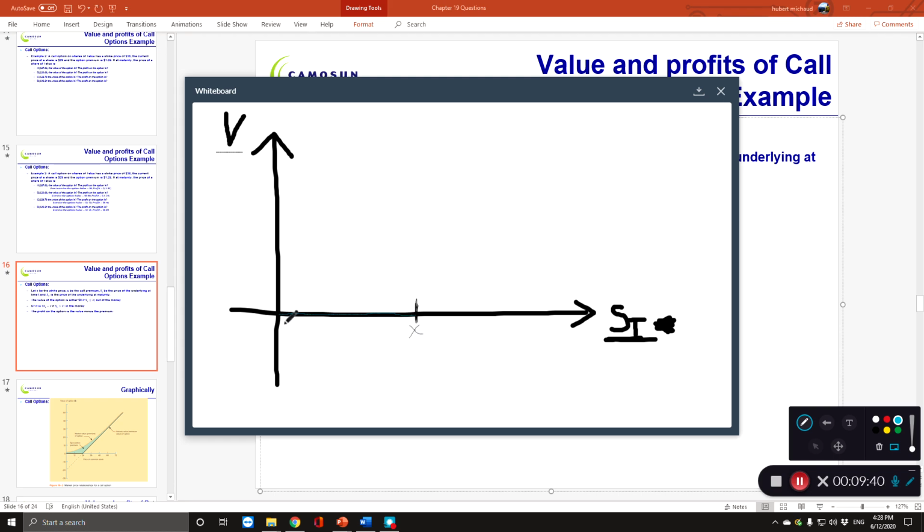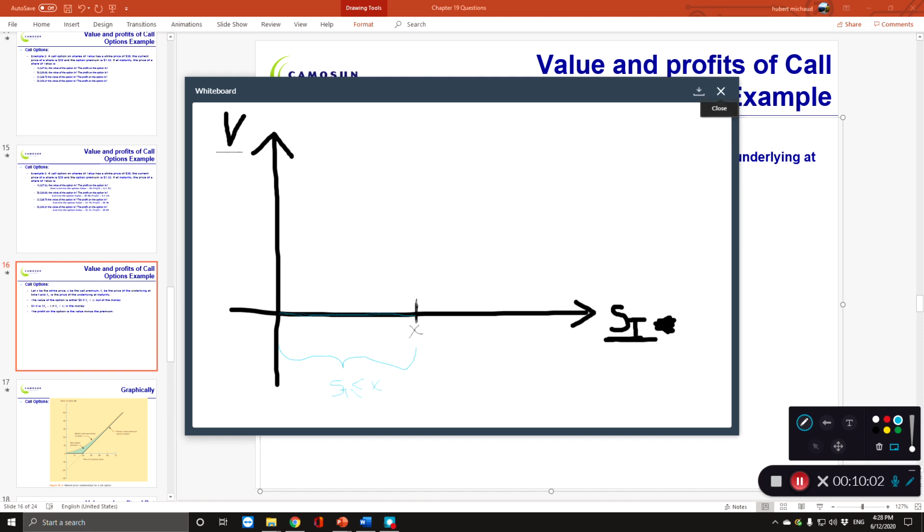So all of these ST here, all of these values of ST would be smaller or equal to X. So the value of the option is 0. So I just made my line a straight line here on that black line. It's 0.